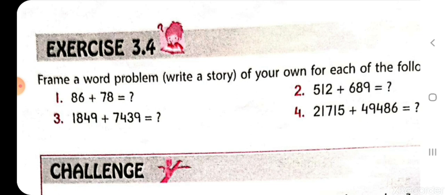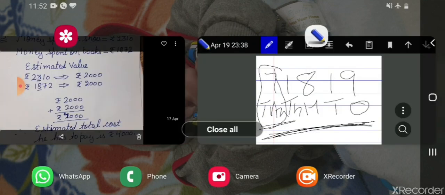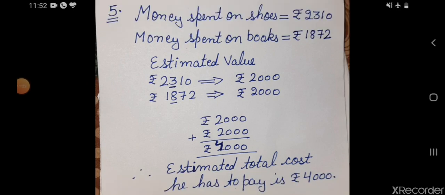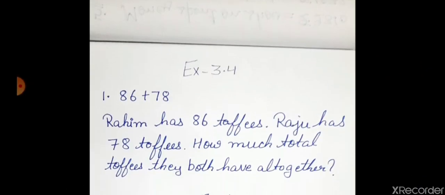Let me take the first one, 86 plus 78. You can say that Seema has 86 chocolates and Rima has 78 chocolates. So how many total chocolates do they both have altogether? Simple, keep it simple. I have also done a sum for you all. The first one, 86 plus 78.